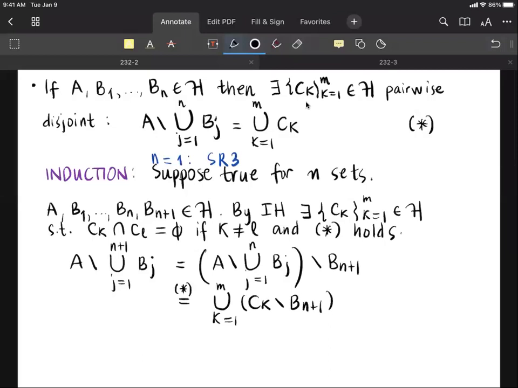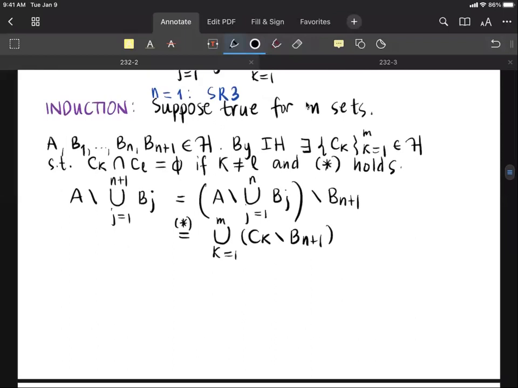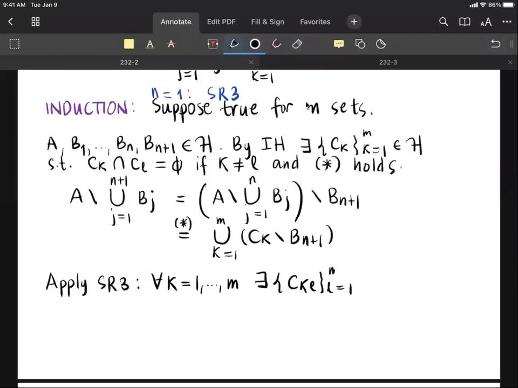Now, if we apply SR3, for each k from 1 to m, there exists a collection, let's say C sub kl, l from 1 up to m sub k.